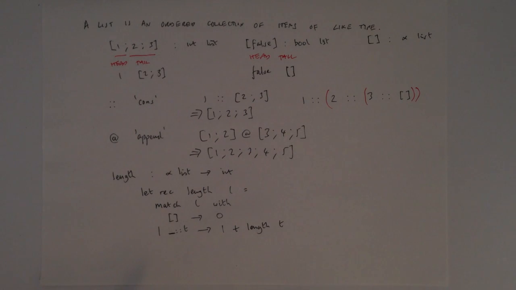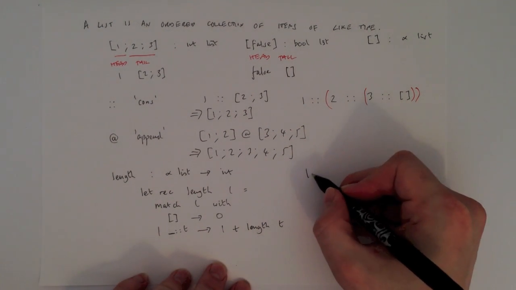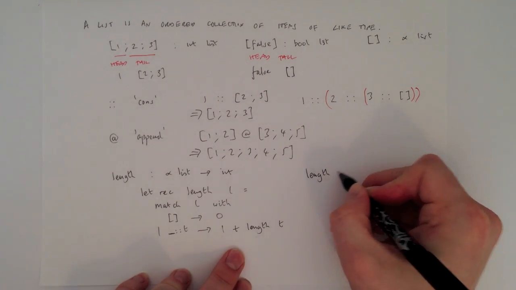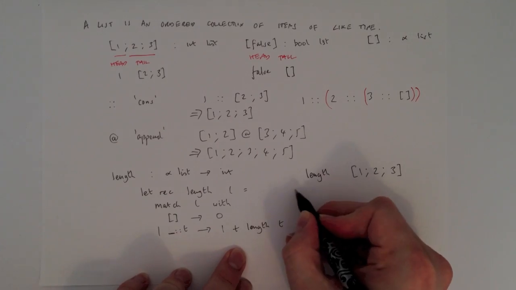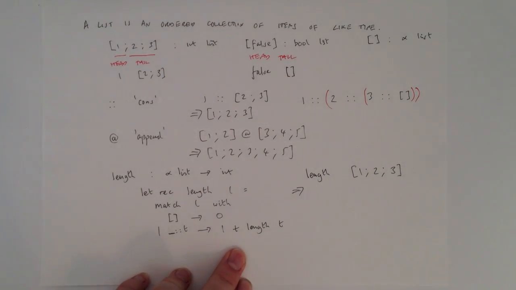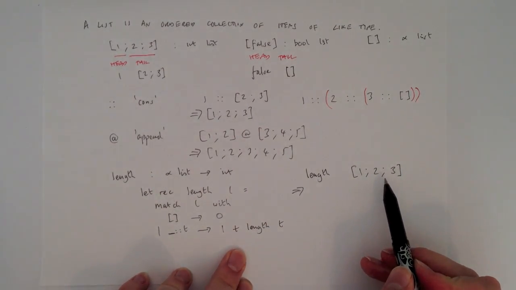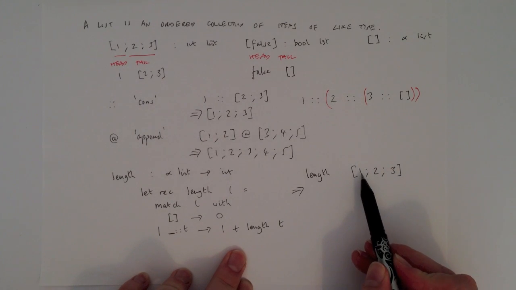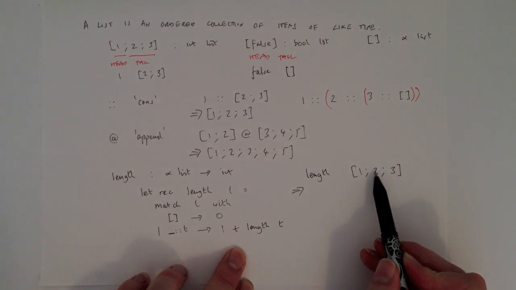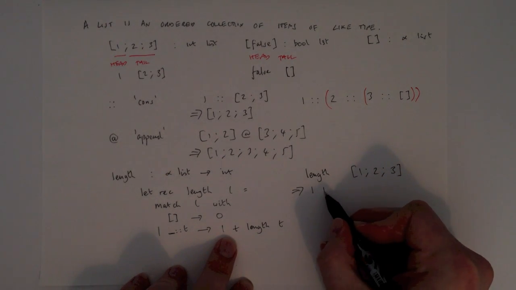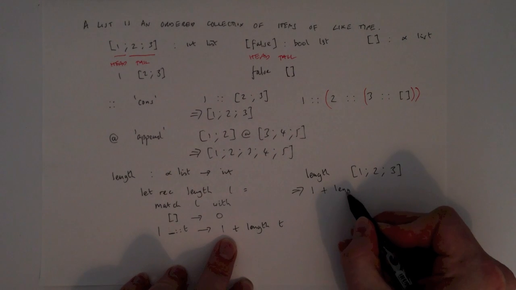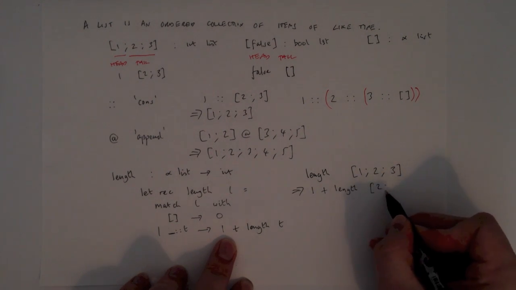Okay, well, how does this function operate? Well, let's take an example. If we want to find the length of this list, well, it clearly doesn't match the base case, so we take it apart, and 1 is the role of h, or the underscore, and t is the list containing 2 and 3. So we get 1 plus the length of t, which is 2 and 3.